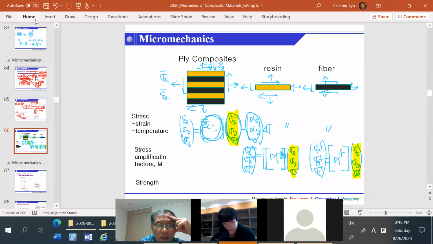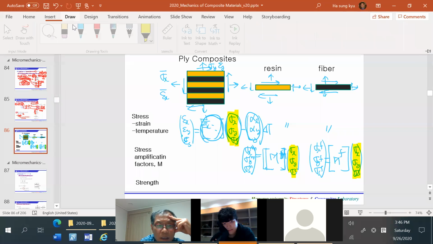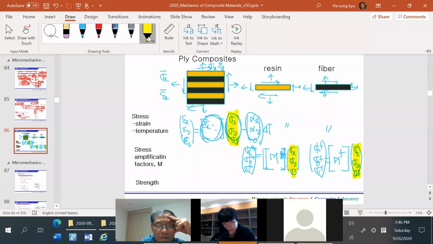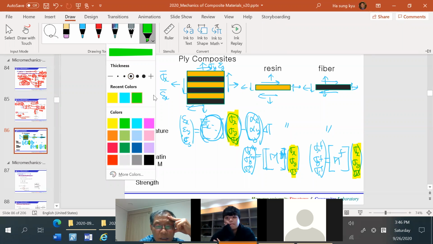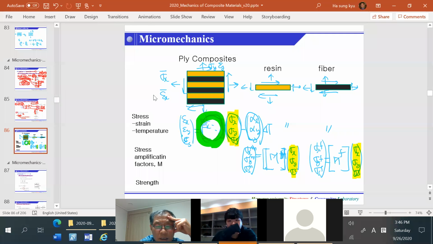This is the global view. I'm repeating the purpose of these sections. And this is the constitutive relation, and this is the CTE. And this is the one we want to calculate.